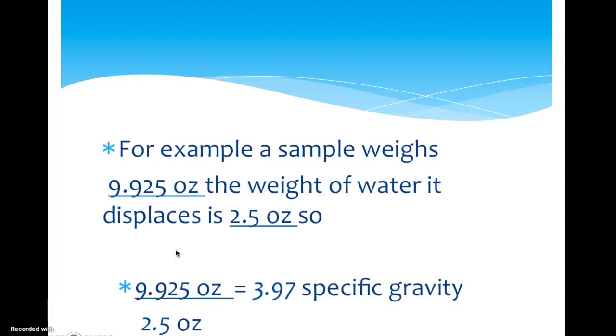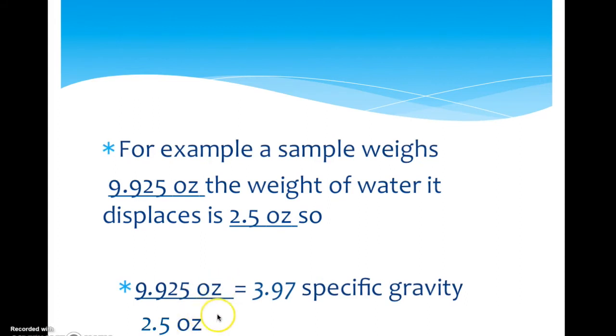So, for example, a sample weighs 9.925 ounces. The weight of water it displaces is 2.5 ounces. So 9.925 ounces divided by 2.5 ounces equals 3.97 specific gravity. Note, I say here specific gravity because these units here, they cancel.